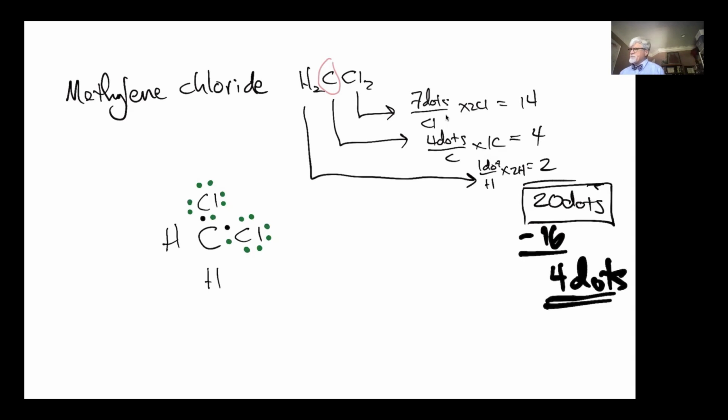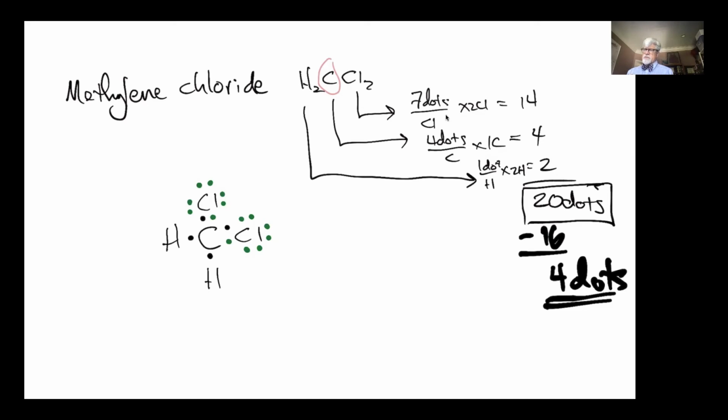4 dots more. And they're coming now. The black ones represent the 4 dots that carbon brought to the whole scheme of things. And I'm going to use a different color, just because white's not going to show up. But here's my hydrogen, and 1 dot from each of those hydrogens. Now, it is not at all important that you distinguish which element brought which dot.